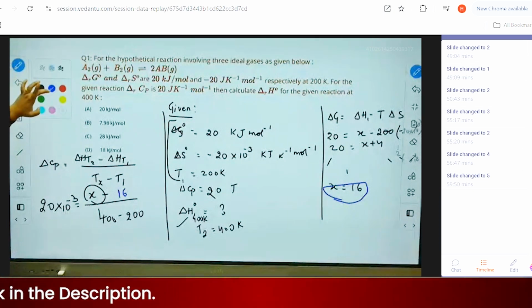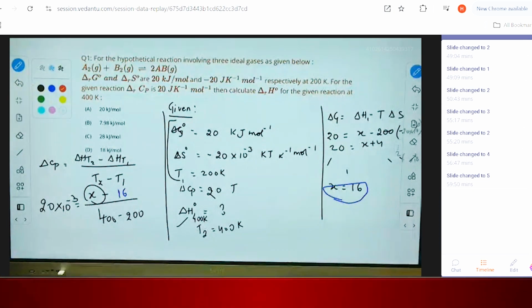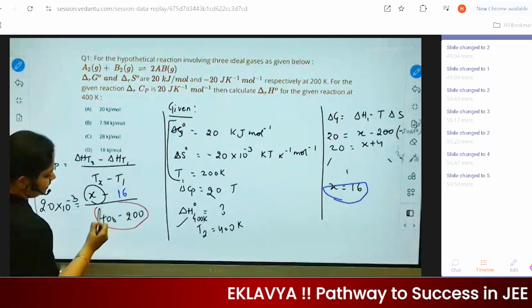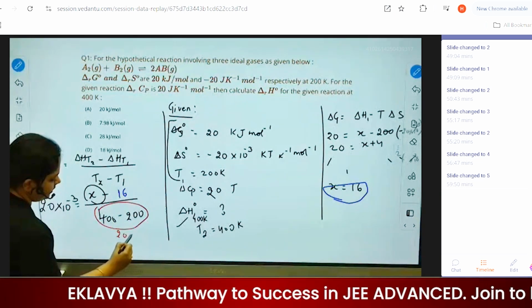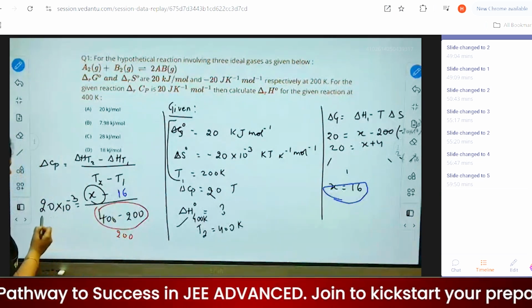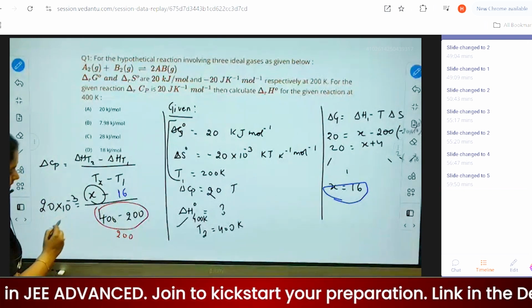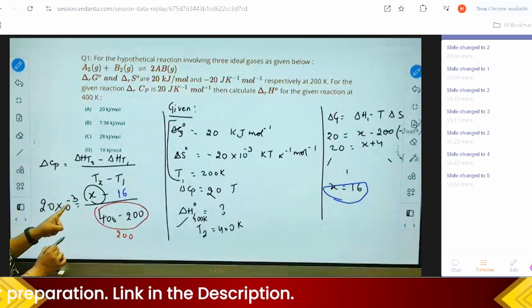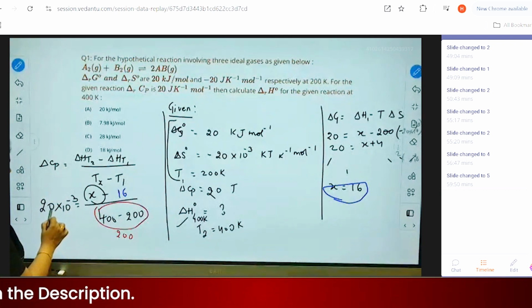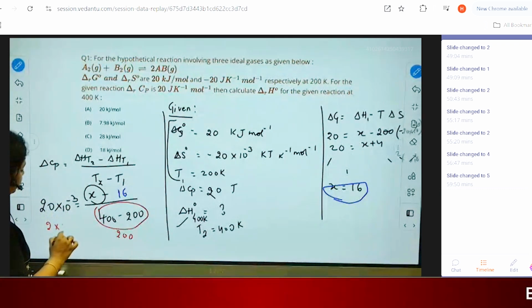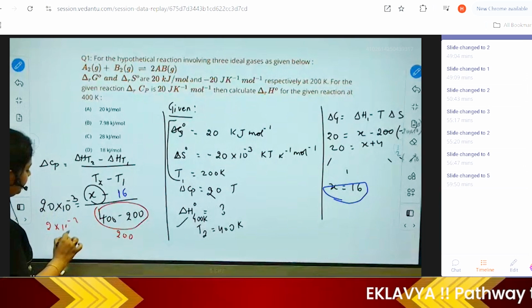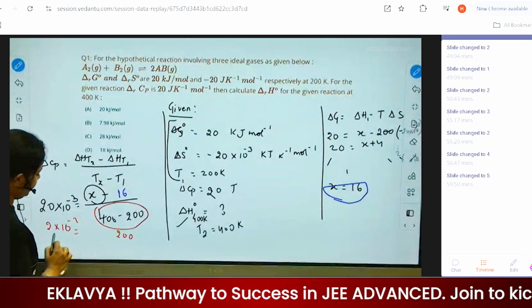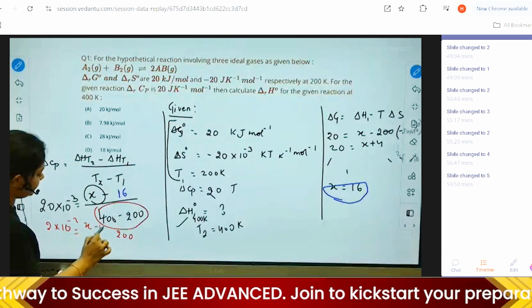If I have to solve for this one, let me change the color. This is going to be 200. The powers cancel out. So 20 means 10 power minus 3, it will become 10 power 1. So 2 into 10 to the power minus 2 is equal to x minus 16.